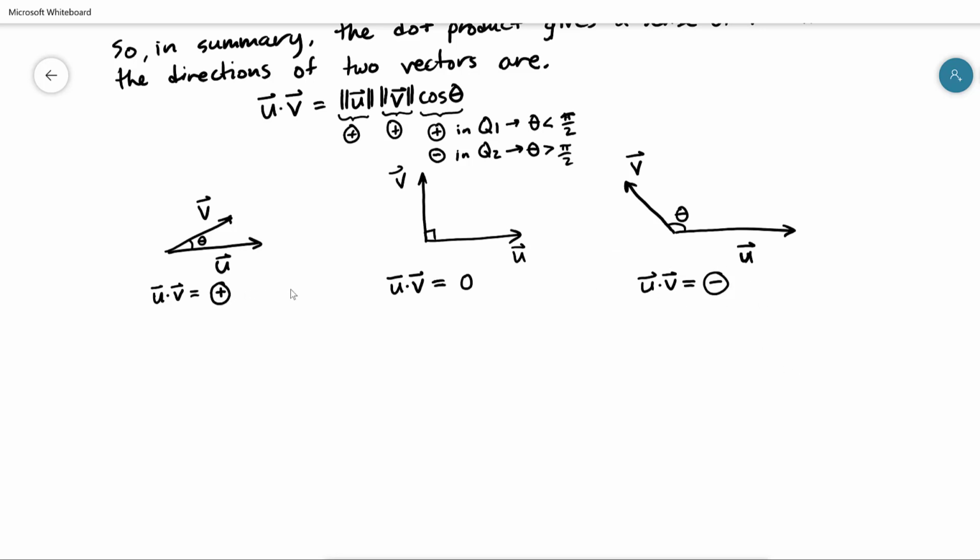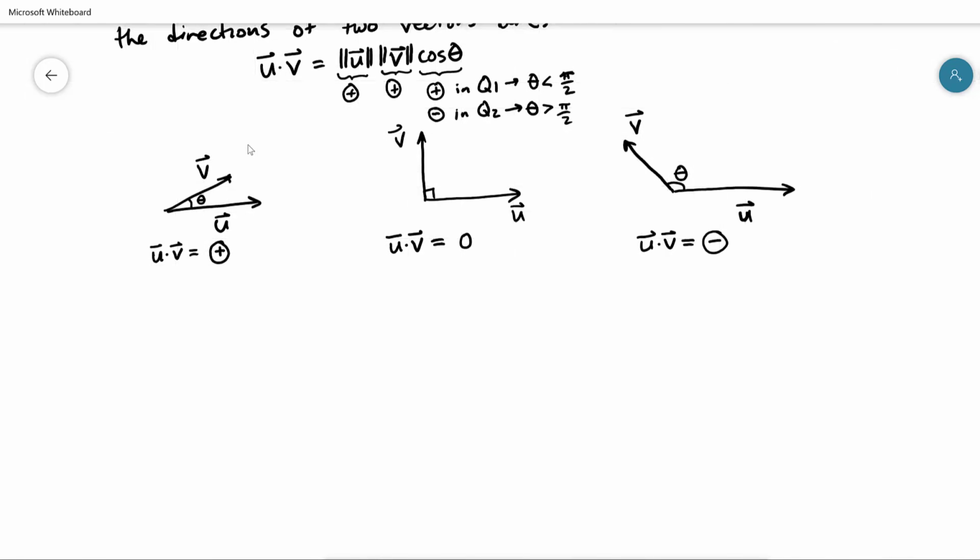So you've kind of got this sliding scale. The dot product will be maximized when these two vectors point the exact same direction. If u and v were the same direction, what would the angle between them be? So let's do this one.